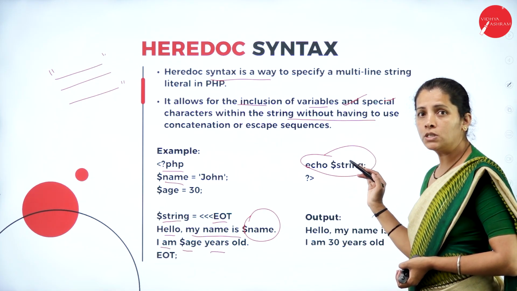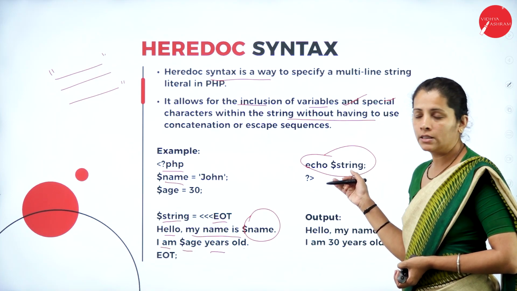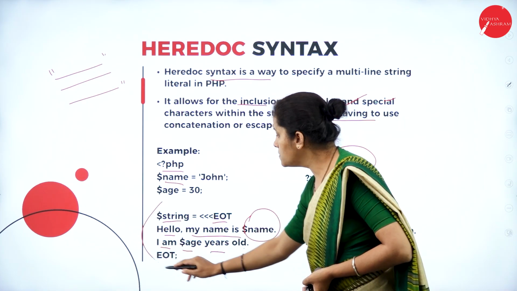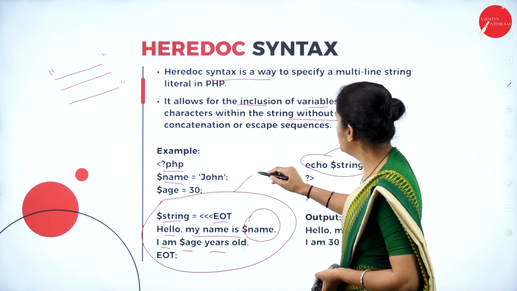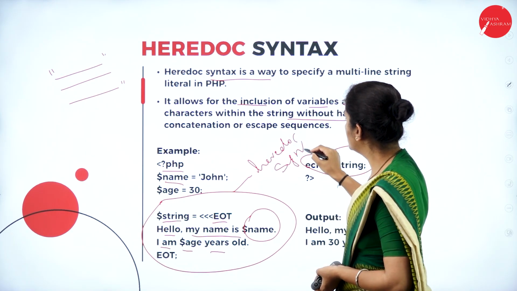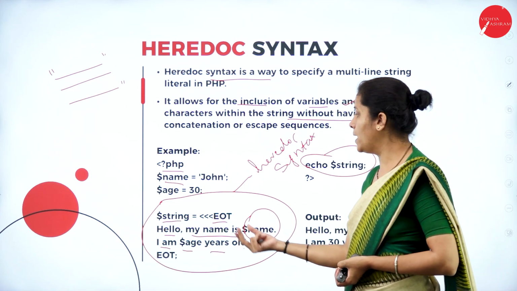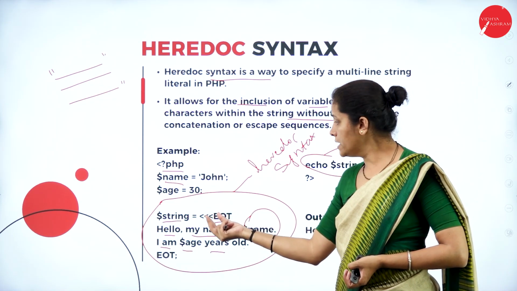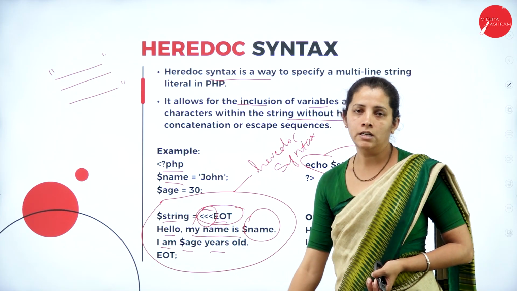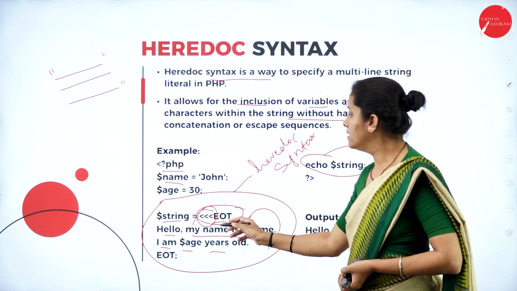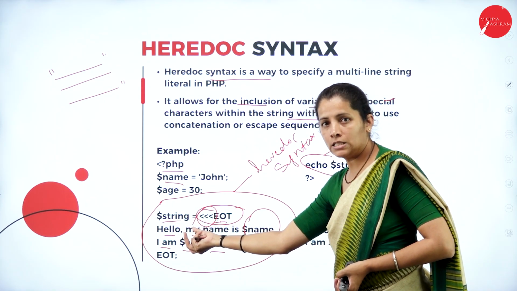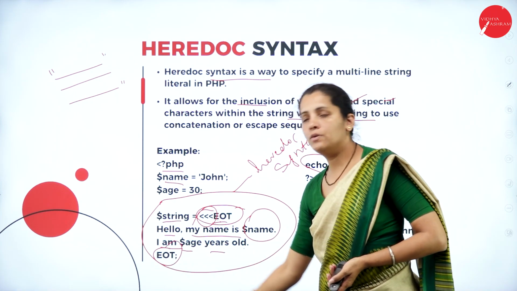The string holds multiple lines. My output is: hello, my name is John, I am 30 years old. So this illustrates the here doc syntax. I take one variable of type string, use the operator, then EOT, write the multi-line string, and close the EOT.